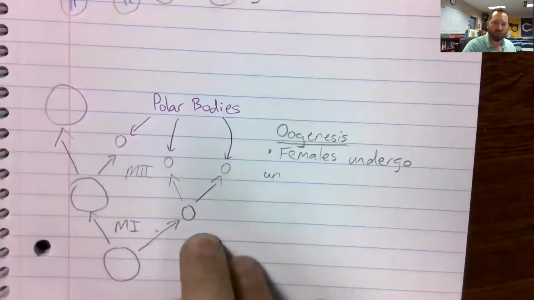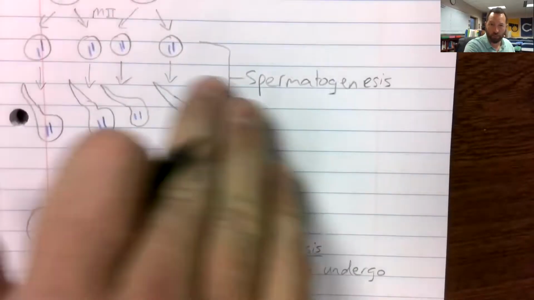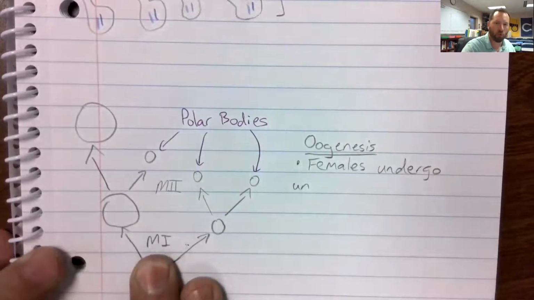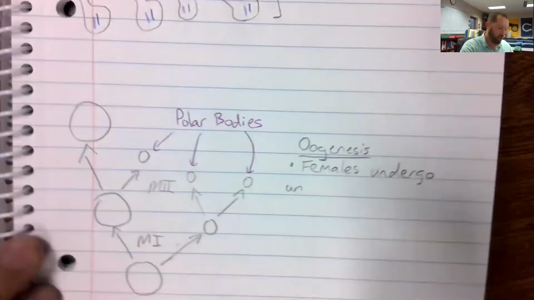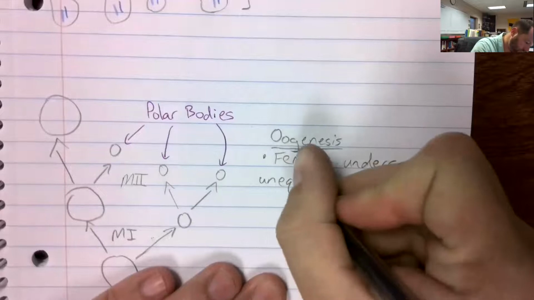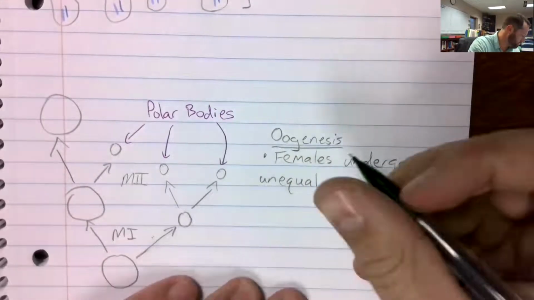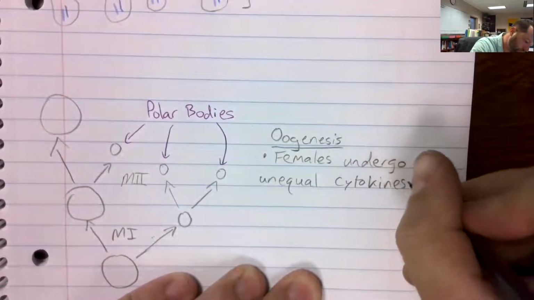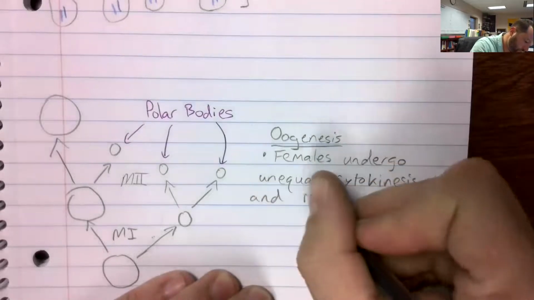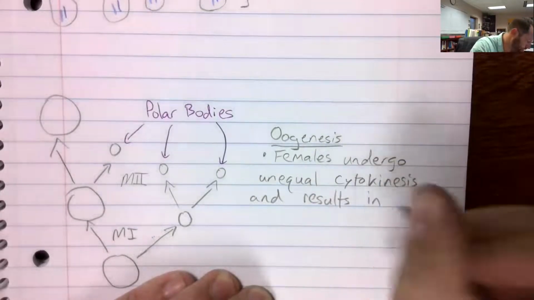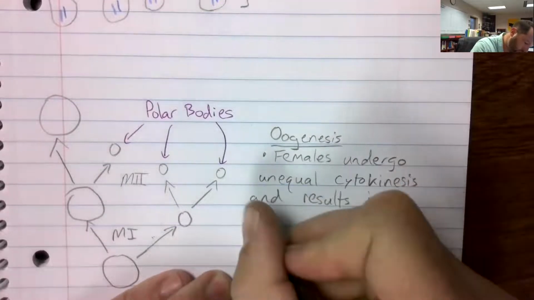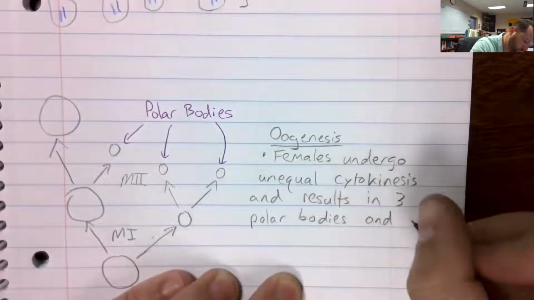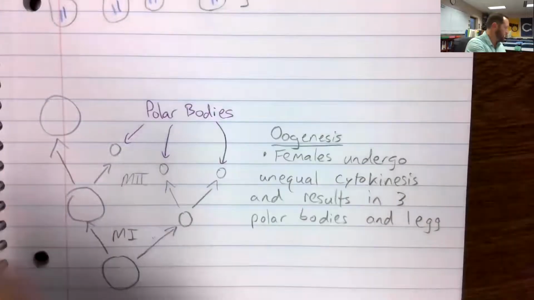Which is not something necessarily that happens at the end, like it did up here for spermatogenesis, but rather it kind of happens along the way as you're going through meiosis 1, as you're going through meiosis 2. What happens, as you can kind of tell here, in one egg.